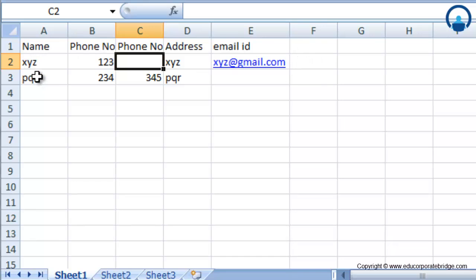Now for the next row, I don't need to define another column. I would just write PQR 234 345, again the address, the email ID, and it would be a single database. And as I take you ahead, you will come to know that it is known as a collection in MongoDB.